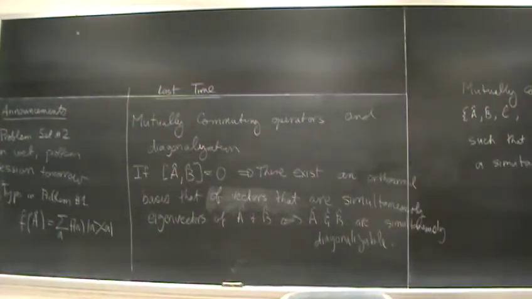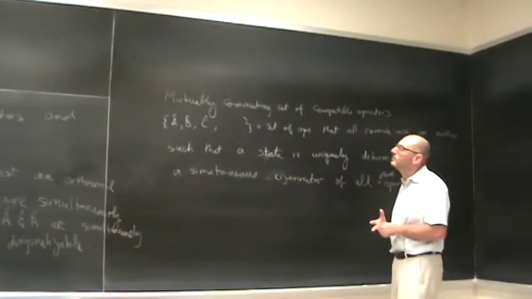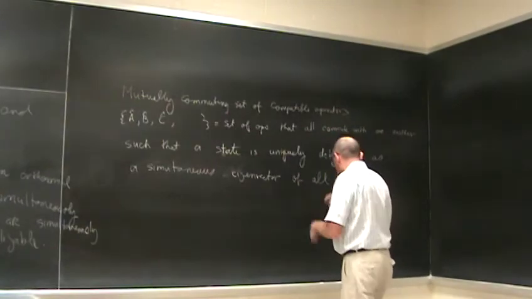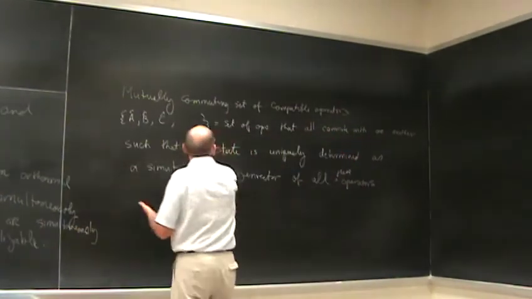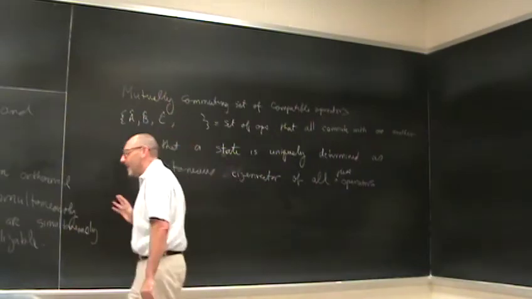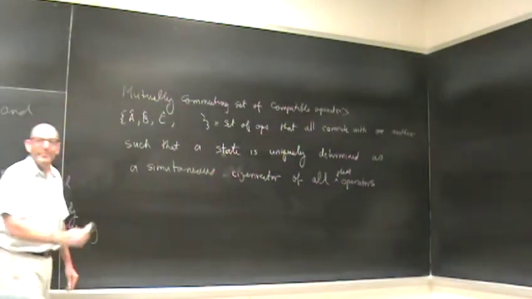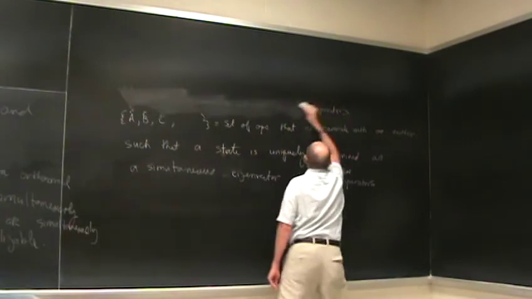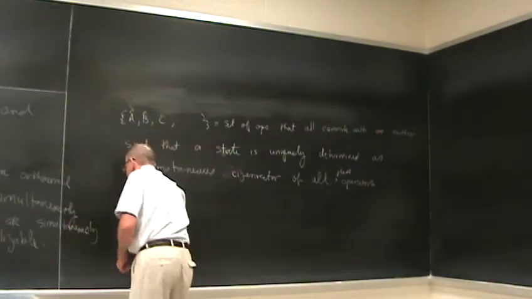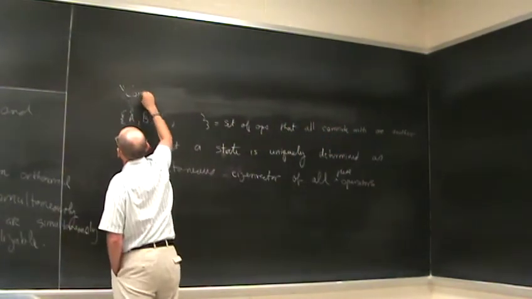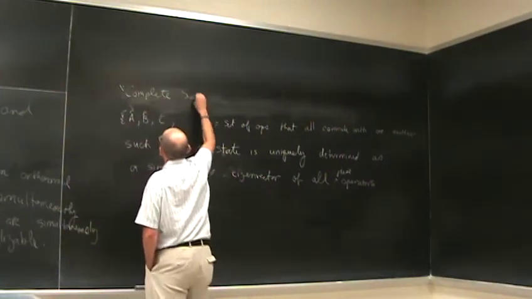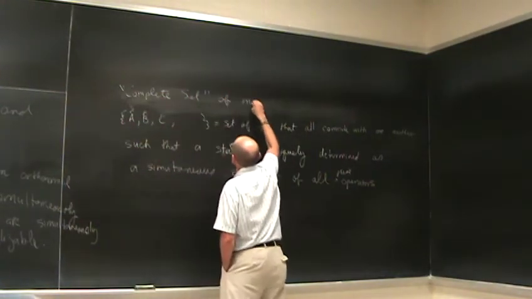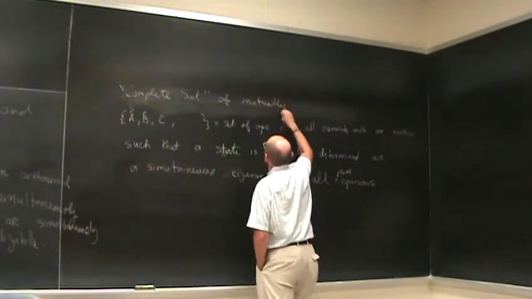Okay? And then furthermore, what we discussed was this idea of a mutually commuting set of compatible operators. Actually, that's not quite right. This sort of says the same thing. What I mean to say is a complete set of mutually commuting operators. So what do I mean by that?